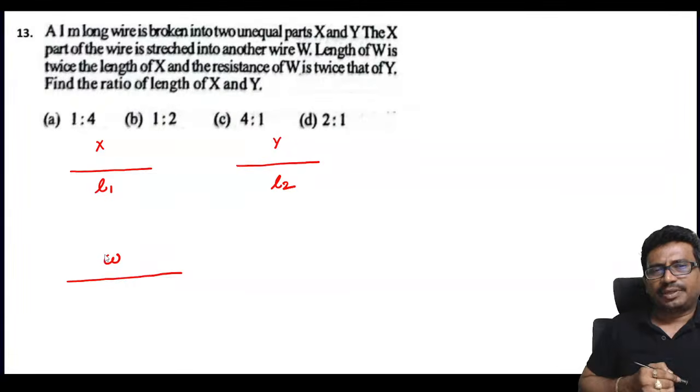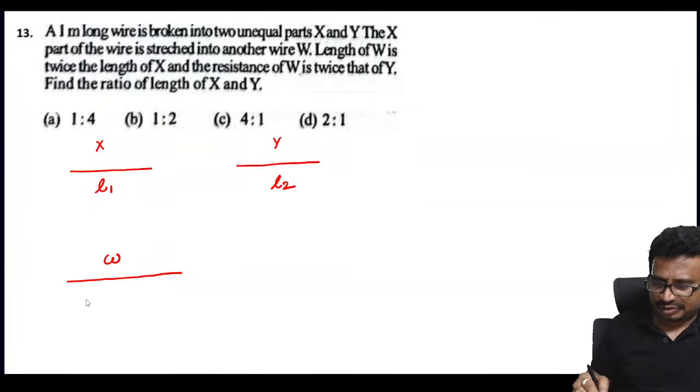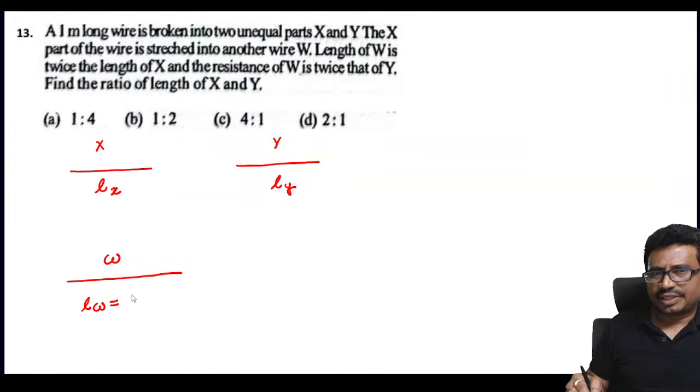Length of W is twice the length of X. If I call this LW, and we will consider Lx and Ly, the length of W they have given as twice the length of X, that is 2 into Lx.